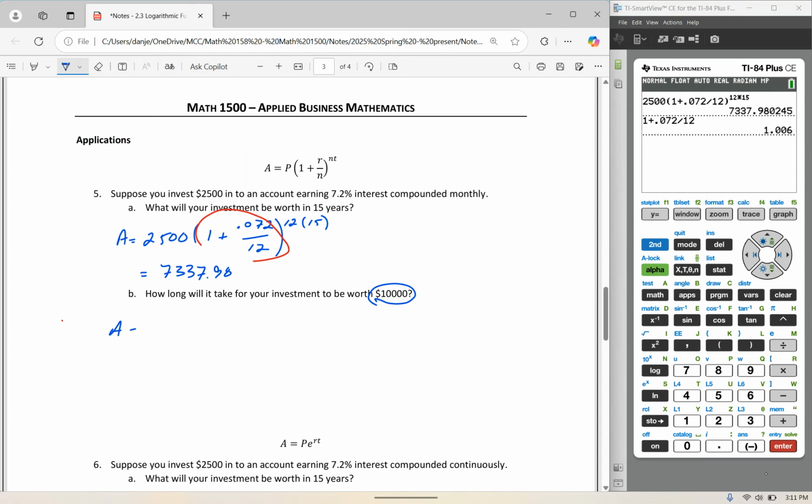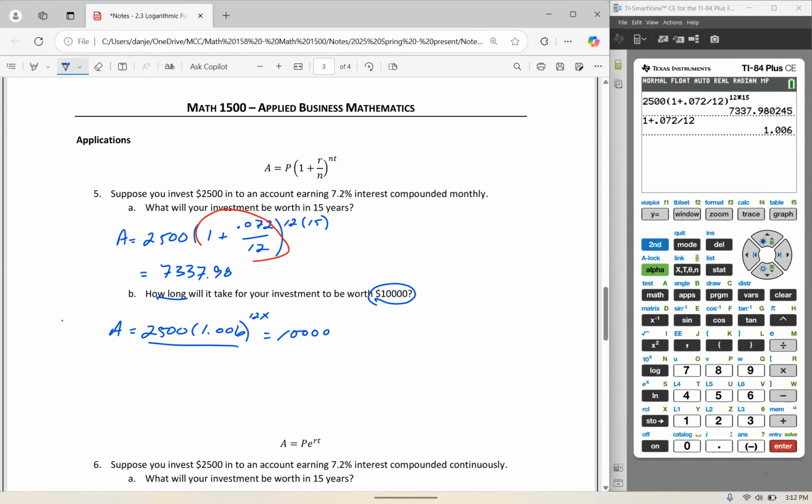So A equals 2,500 times 1.006 to the 12x, because I don't know x, I don't know the time. When will that equal 10,000?